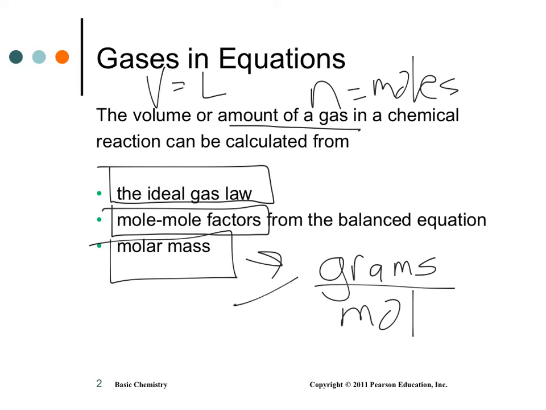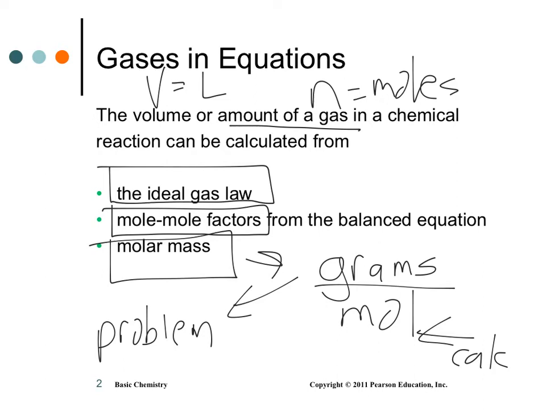So again, you might get this from the problem, and you may have to calculate this, and then you divide the two and figure out what element it is based on the molar mass. Always remember, you need to know the molar mass. Grams per mole. Stuff we've been talking about for a long time.